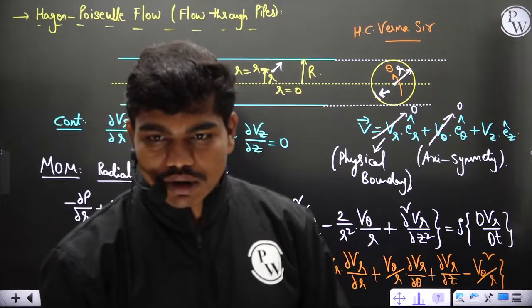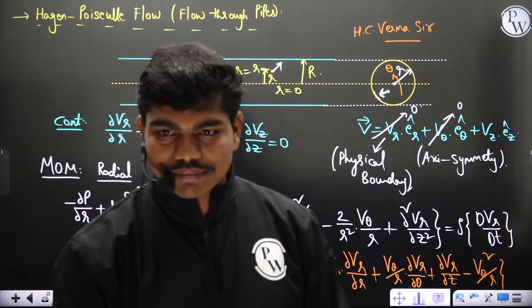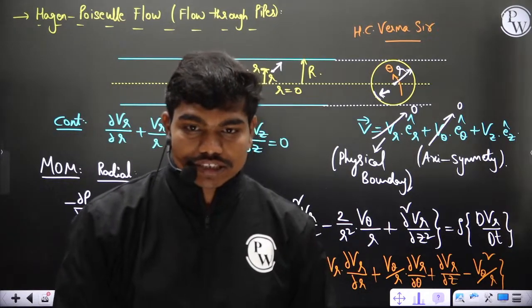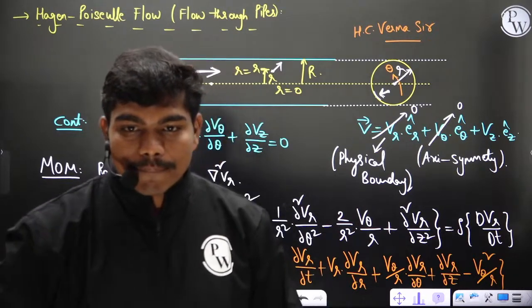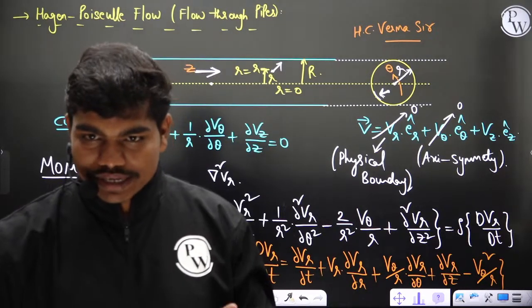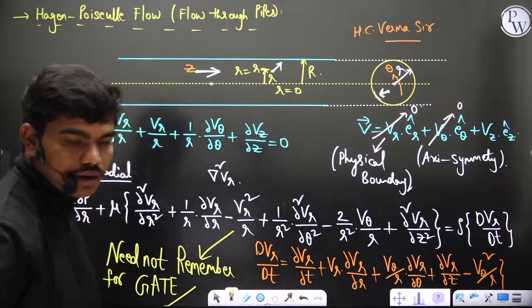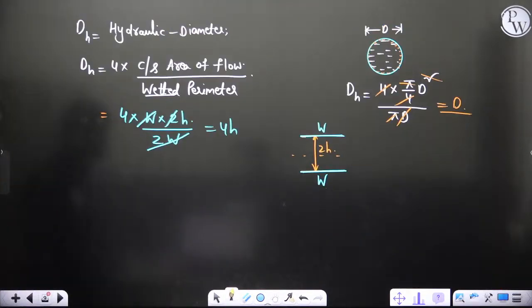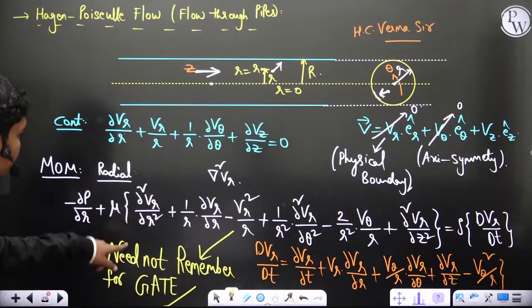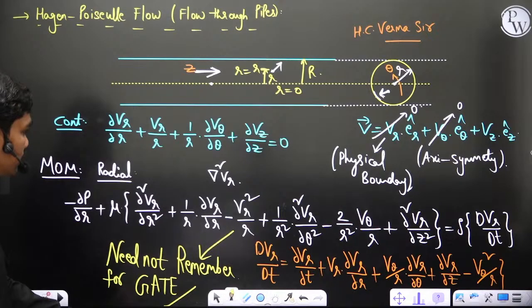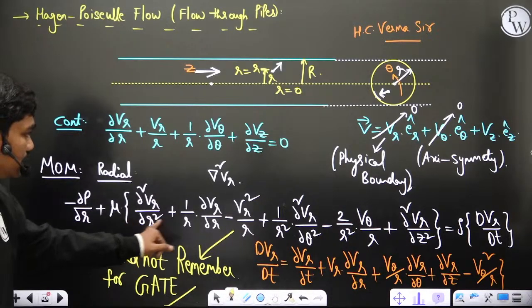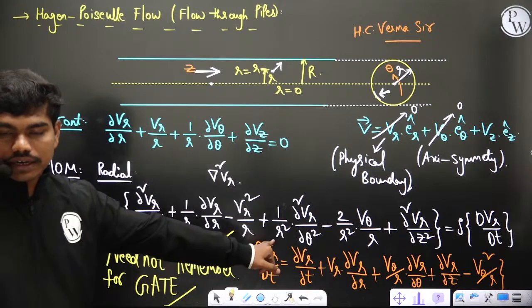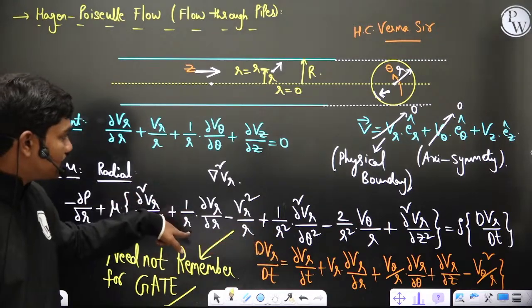Can you please explain that component written in front of the radial? Where? Can you please explain the component written in front of the radial? This derivative is what you're talking about? I mean, this dou square by dou r square, 1 by r.